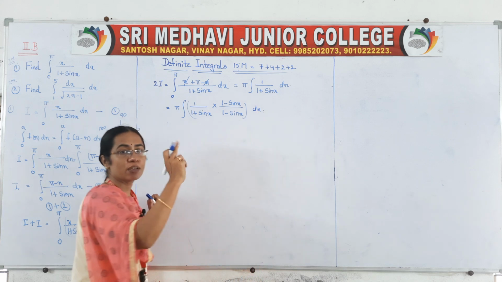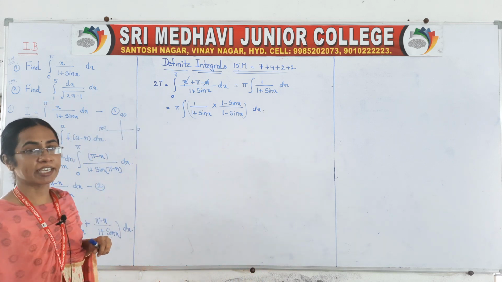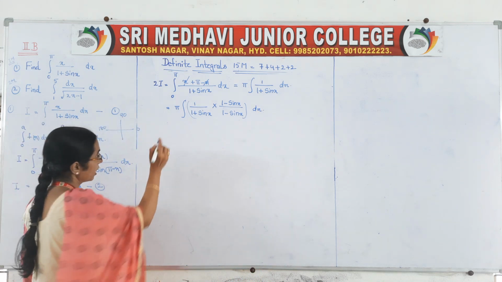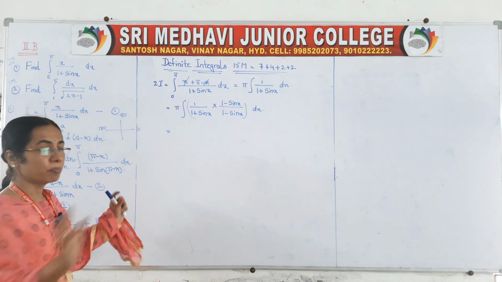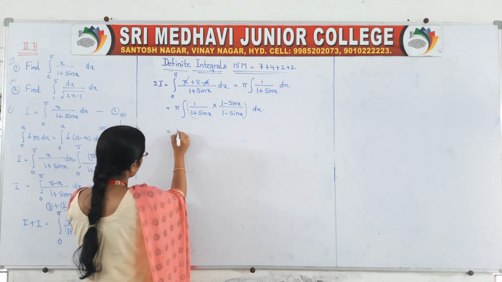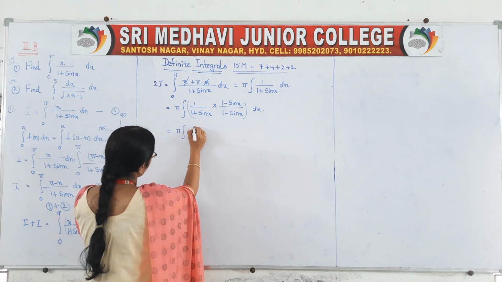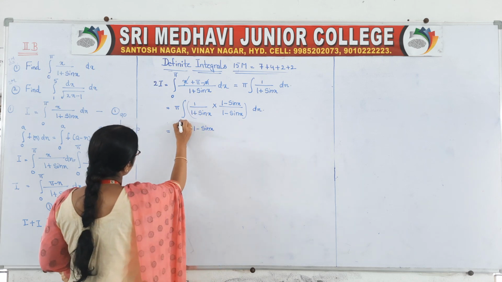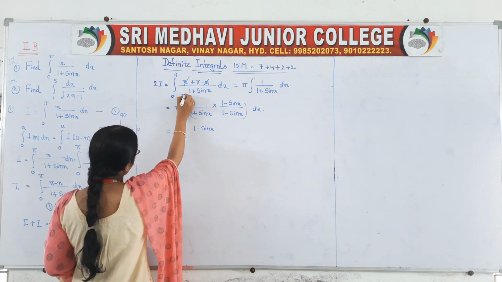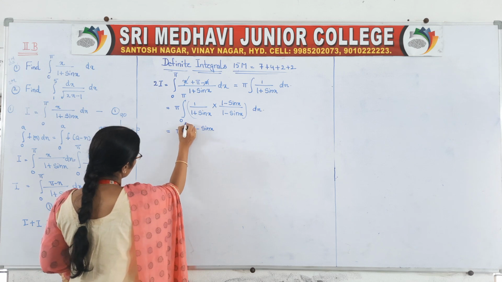We already did this in one problem; I think a day before yesterday we did the same method, right? In the middle of the problem, pi into 1 minus sin x, right? Here the bounds are 0 to pi, here also 0 to pi.